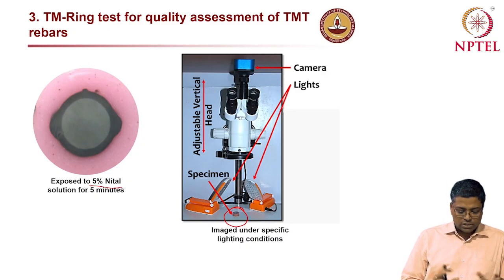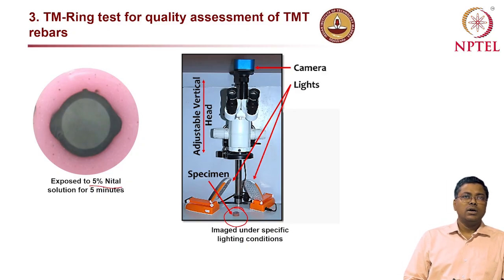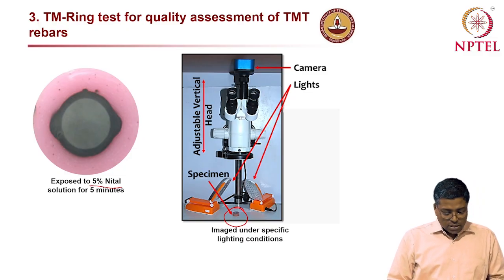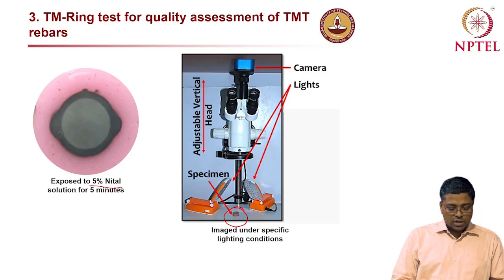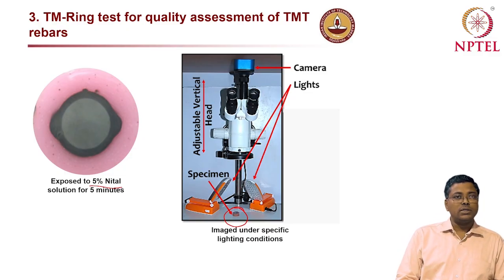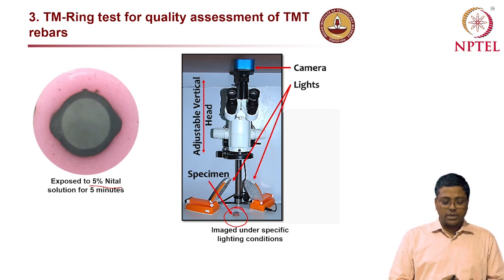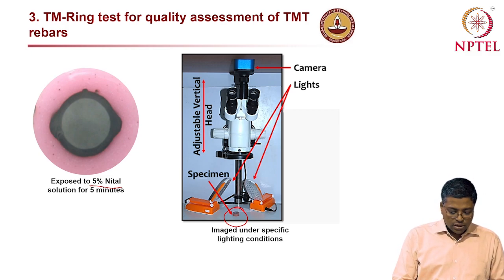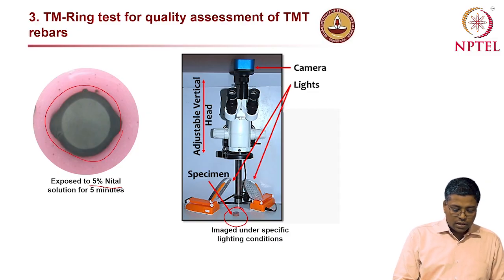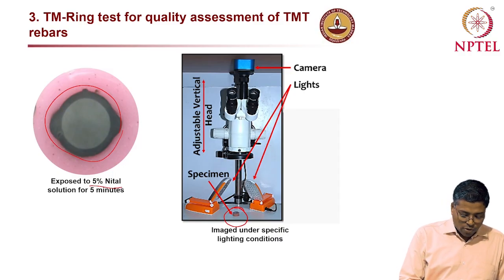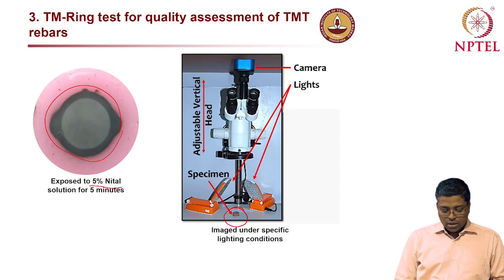It's a very simple test, hardly takes about 5 minutes to get the results. I'll show a video later to cut the steel surface and etch it using 5% nital solution, and you'll see that the steel will start reacting with the acid, and it will form these two different colors on the surface.